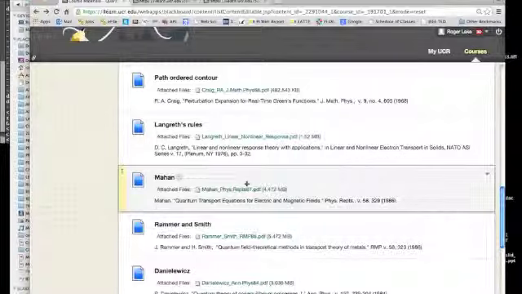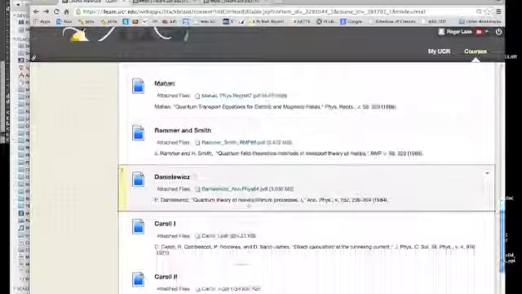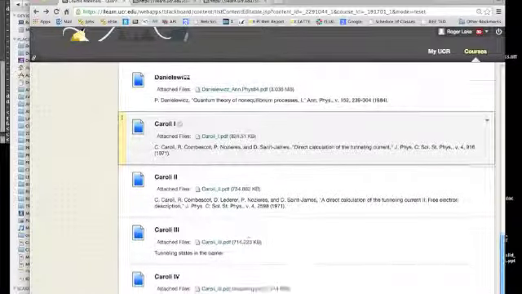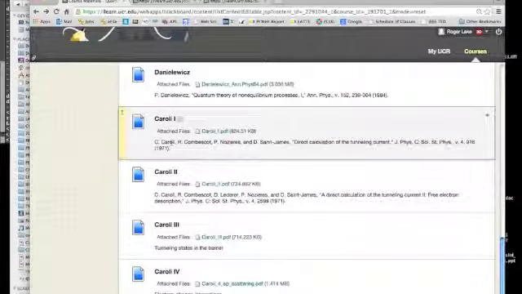A great review article by Mahan, Rammer and Smith, and Yelowitz. And then finally these seminal papers by Caroli et al. And this was the first paper where they used the non-equilibrium Green function formalism to treat the leads of their device.